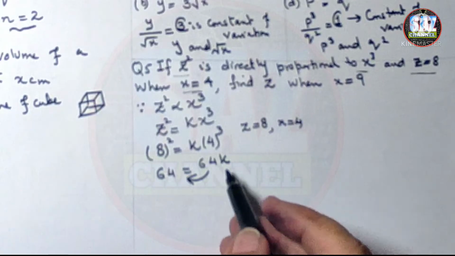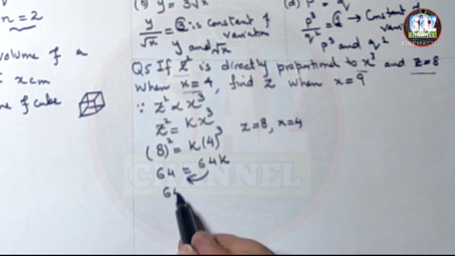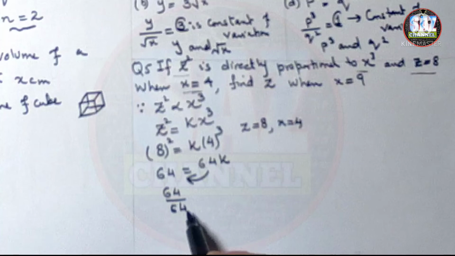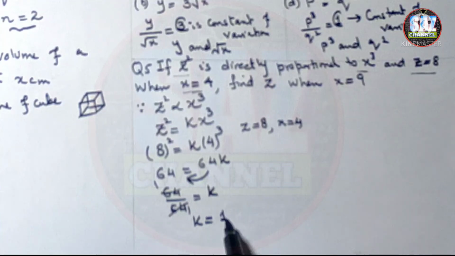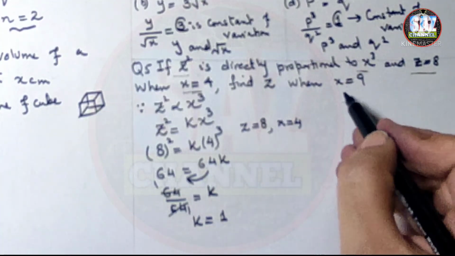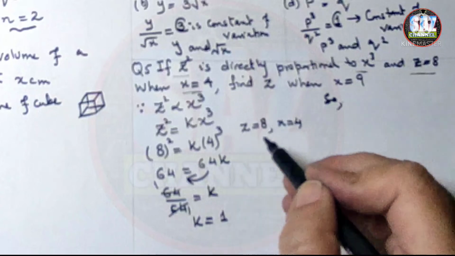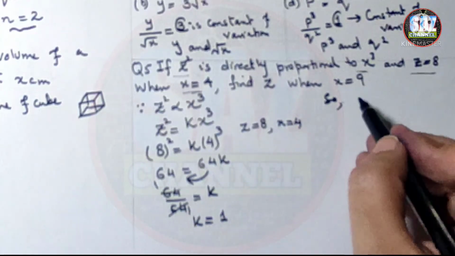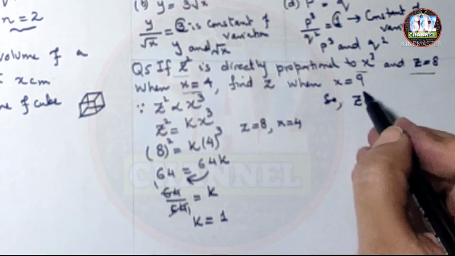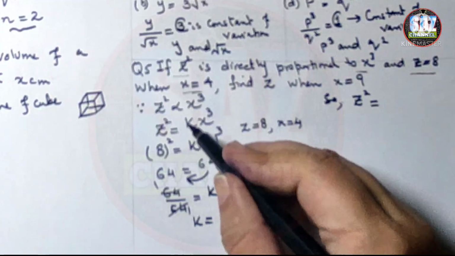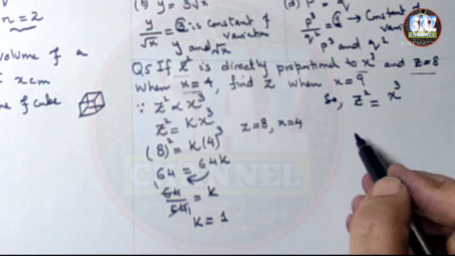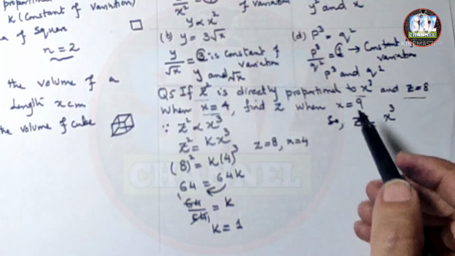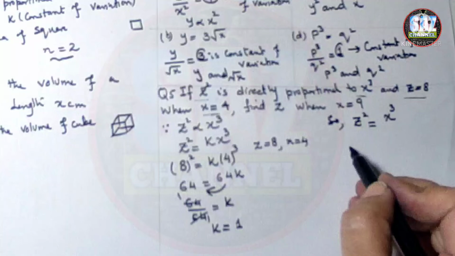Isolate k, make k the subject of formula. 64 divided by 64 equals k, and the value of k equals 1. So the equation connecting z square and x cube is z square equals x cube, as this k is 1. After that we have to find the value of z when x equals 9.